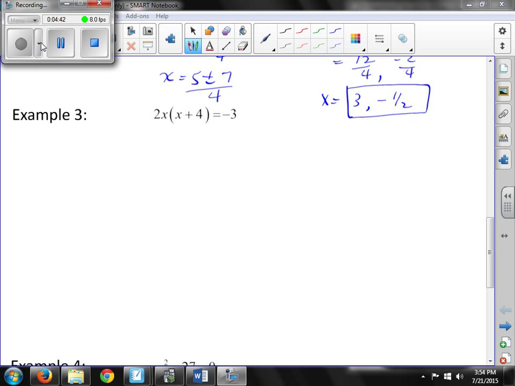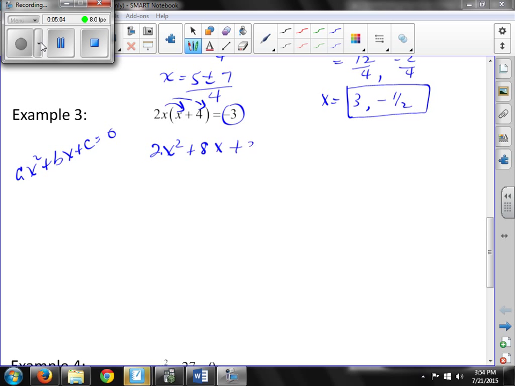Okay, example 3, and we want to get this in ax squared plus bx plus c form equal to 0, into that standard form, so we need to multiply it out first. When we distribute the 2x with both of these, we'll have 2x squared plus 8x. We want to move the negative 3 over.